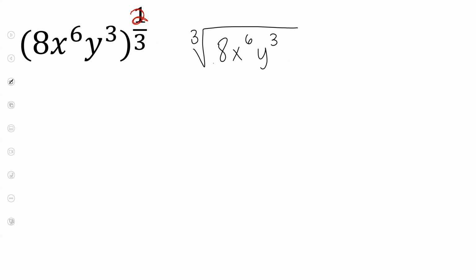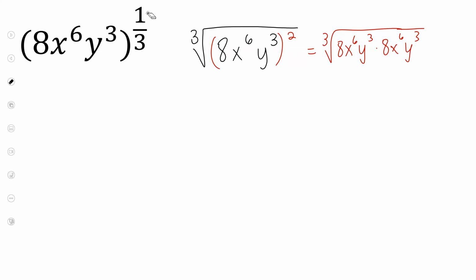What would I put inside? A 2. And that means you have this same thing twice. So this would be the same thing as saying 8x to the 6y cubed times 8x to the 6y cubed. You would have it twice. Make sense? But we don't have it twice. We just have it once.